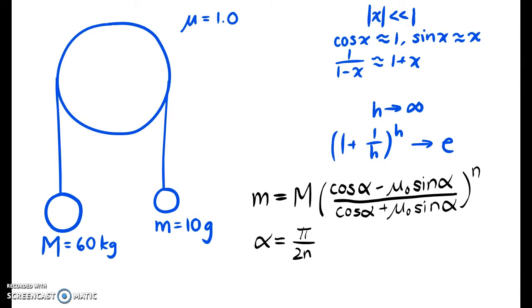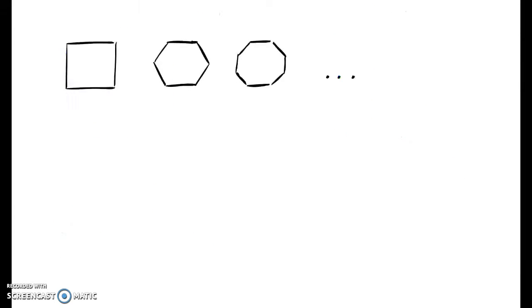Now the question is, how can we relate the 2n-sided prism to a circle? So here we have a square, so n equals 2, since remember we're saying the number of sides is 2n, so the number of sides for a square is 4, for a hexagon n is 3, then 6, then 4 and 8, and so on. But what we can see, when we add more sides to a regular polygon, it seems to approach the shape of a circle.